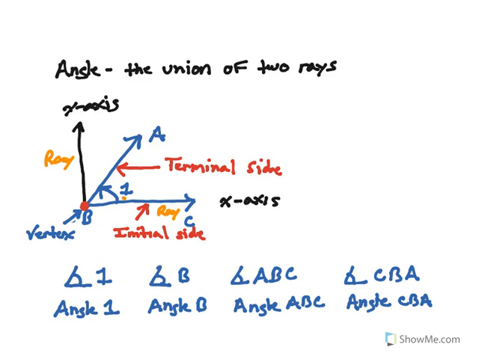The angle that starts at a point is the initial side of that angle, and then the terminal side is where the angle ends. So the blue horizontal line from point B to point C is your initial side, and the ray from point B to point A is the terminal side of that angle.